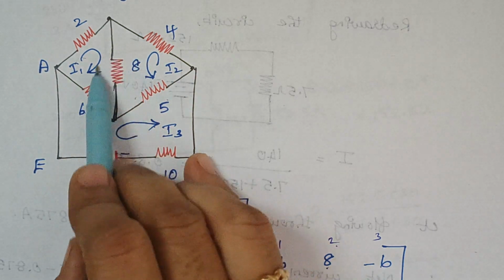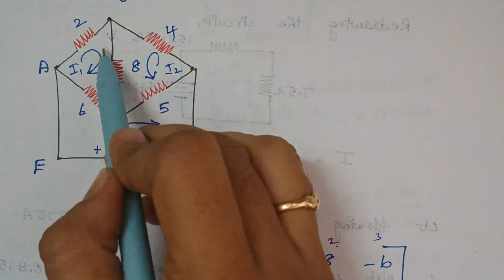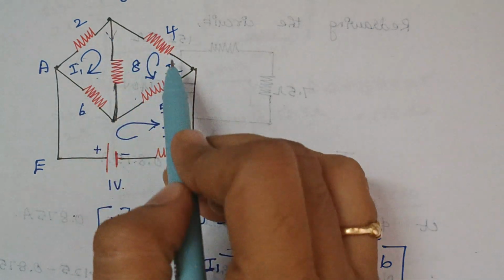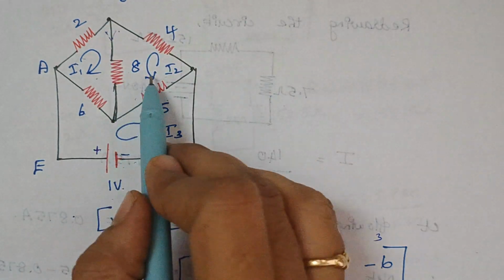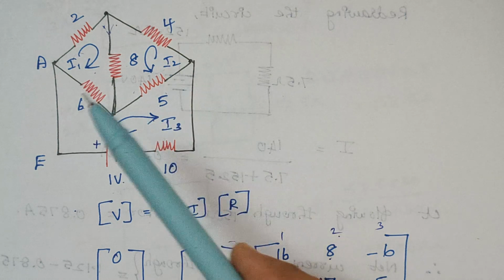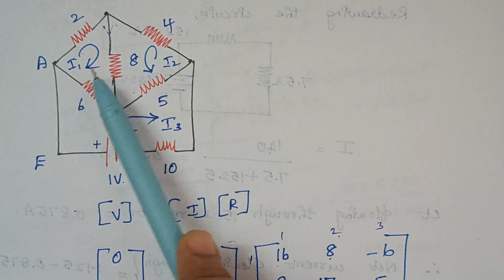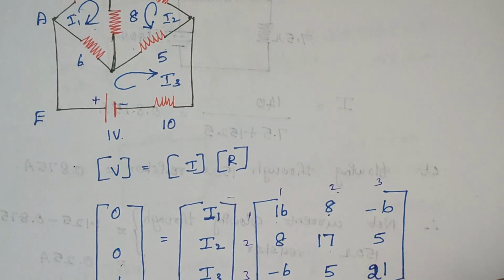Here this 8 ohm is common, and again you see the direction of current flow. Here when you consider loop 1 it is like this, and when you consider loop 2 it is also in the same way. Therefore you can simply write 8. Since the direction of current flowing through this 8 ohm resistor is the same for I1 and I2, here I am writing it as 8. If the direction is opposite, then you have to write minus 8, right?